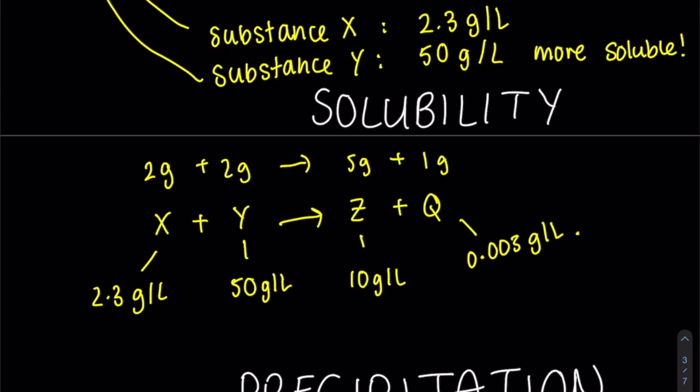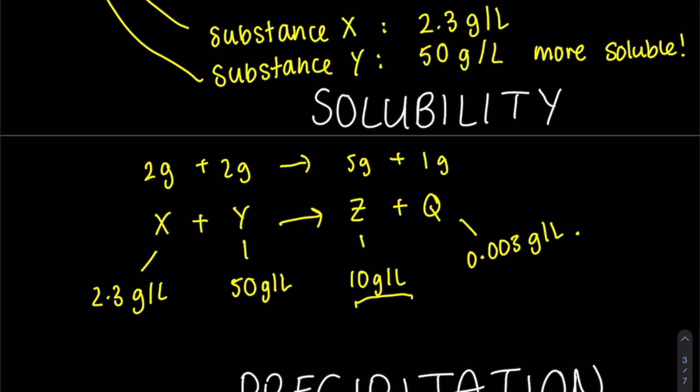Those two things will then react in the water and produce Z. We're going to produce 5 grams of Z, and Z has a solubility of 10 grams per litre, which means that up to 10 grams of Z can exist in that water before it will stop dissolving, which means that that's fine.